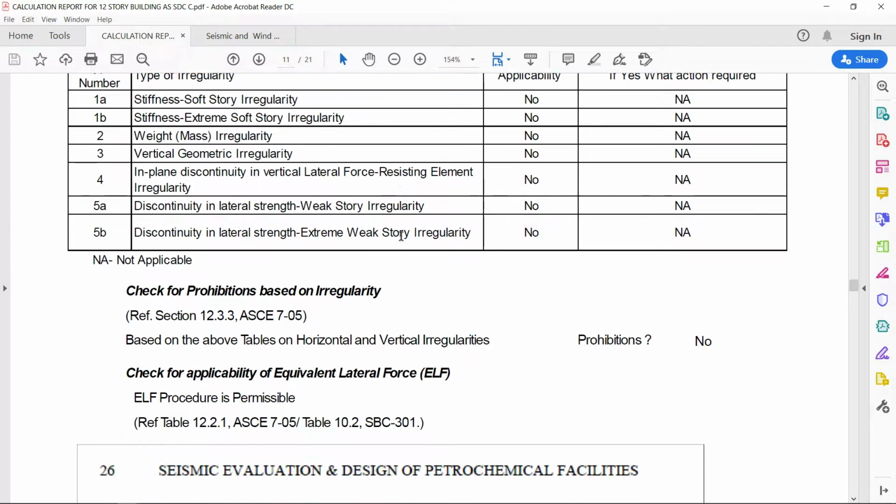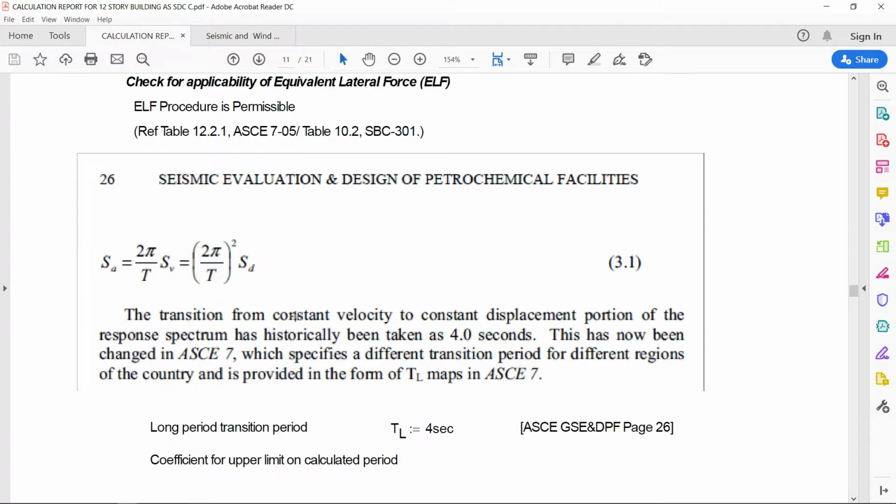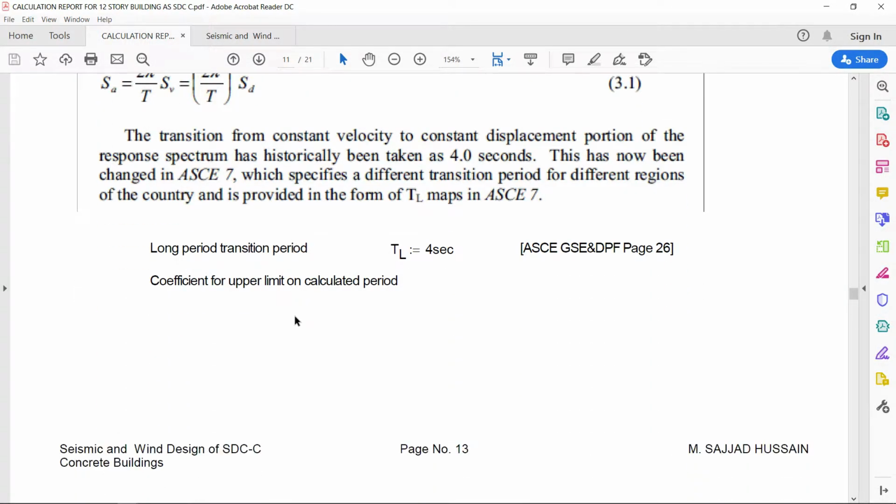Fine. Any prohibition? Of course there is no prohibition. And check for applicability of lateral force. Yes, we can apply the lateral force, there is no problem at all. And the long period considered was 4 seconds.